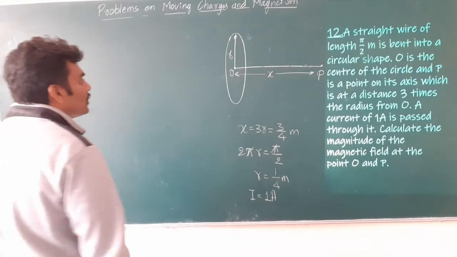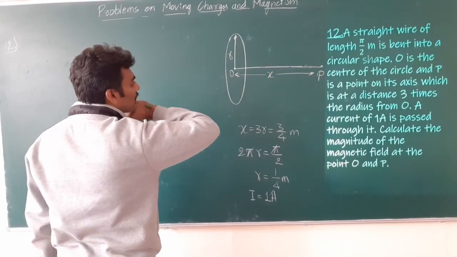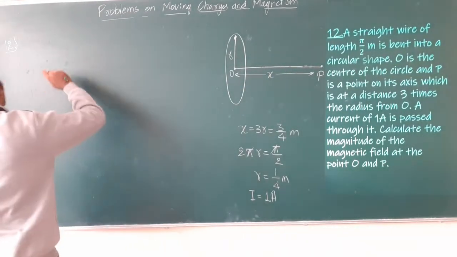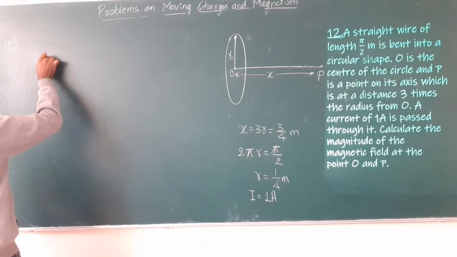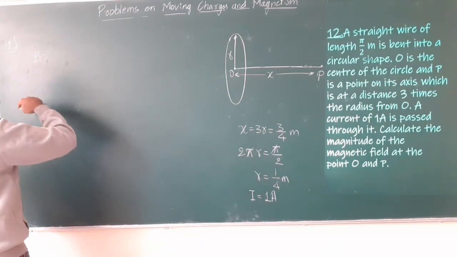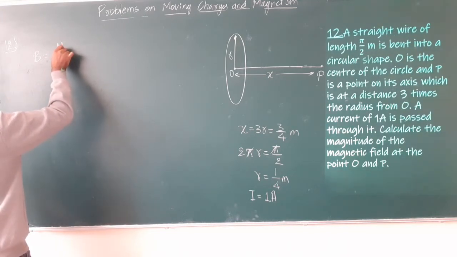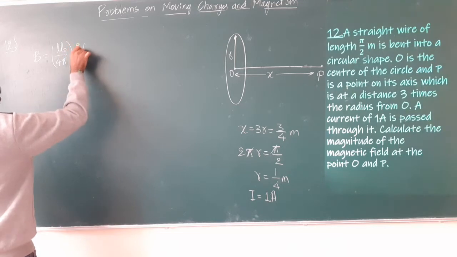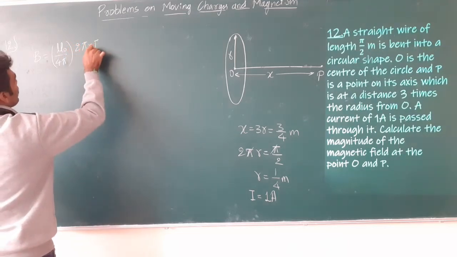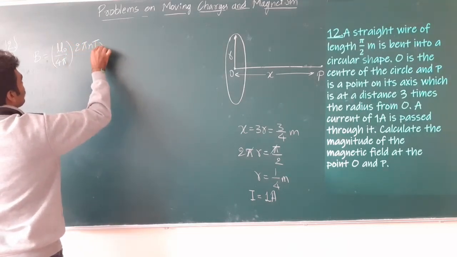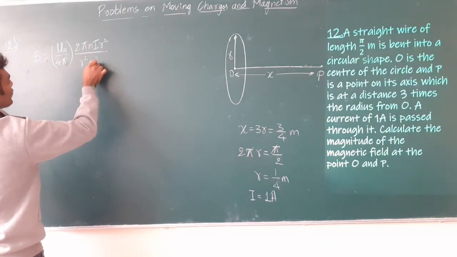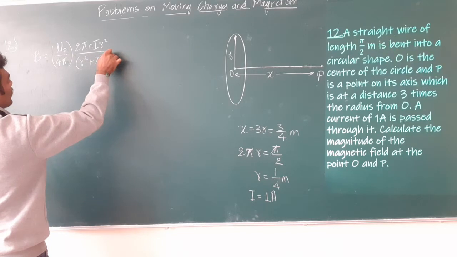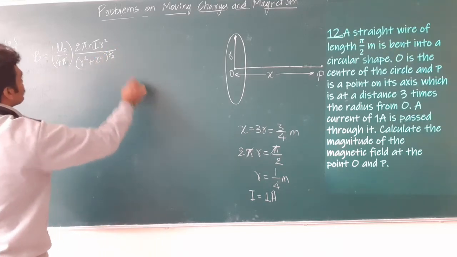Okay, let me work for the magnetic field at point P first. The expression for magnetic field at a point on the axis of a current carrying coil that we derived is given by mu naught by 4 pi into 2 pi N I r squared divided by r squared plus x squared to the power of 3 by 2.